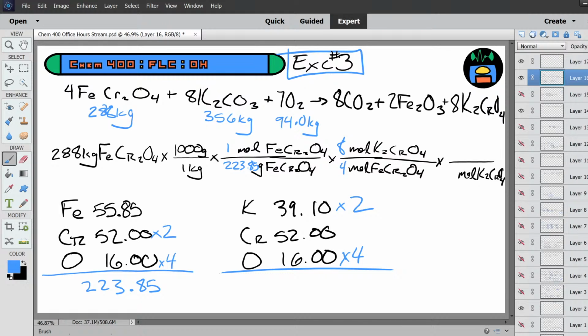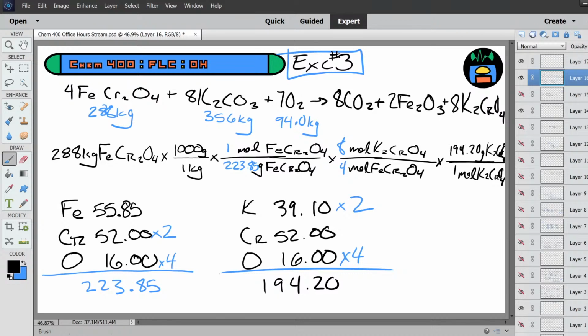So 39.1 times 2 plus 52 plus 64 is 194.20. So that's 194.20 grams of potassium chromate. Sorry, we're a little scrunched there on the end of the screen.